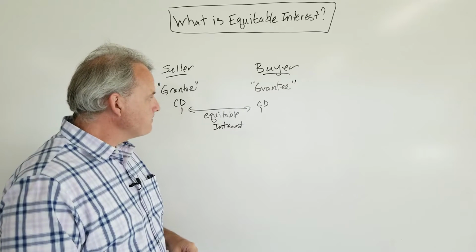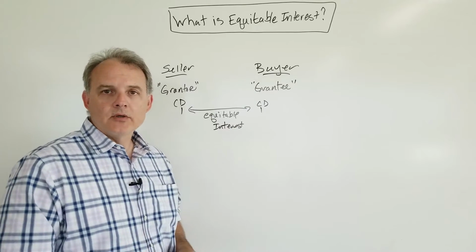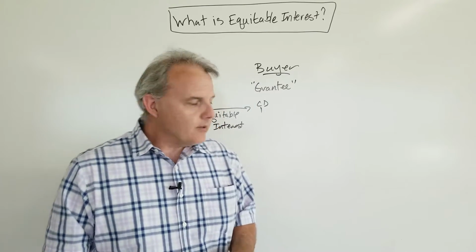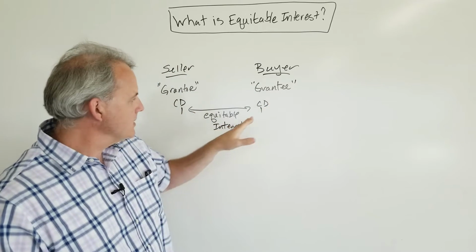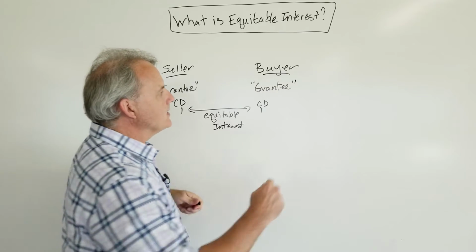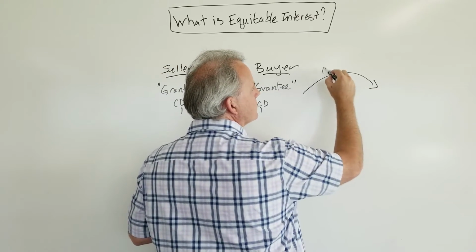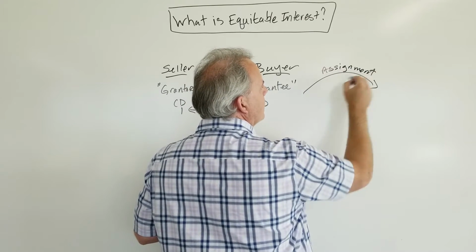But let's say the buyer isn't going to be the one that ends up closing on it. So let me give you an example. What can happen is the grantee, who has the equitable interest, can assign that interest to someone else. It's called assignment. Assignment of a contract.